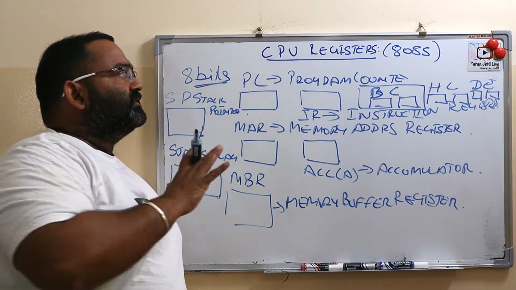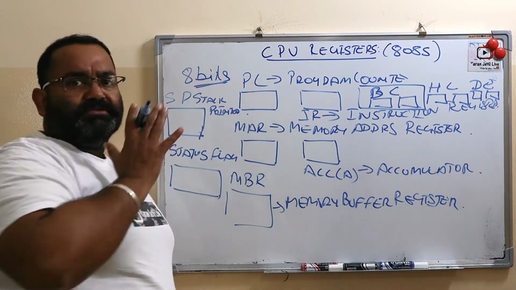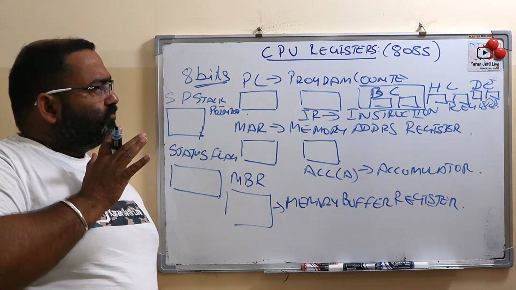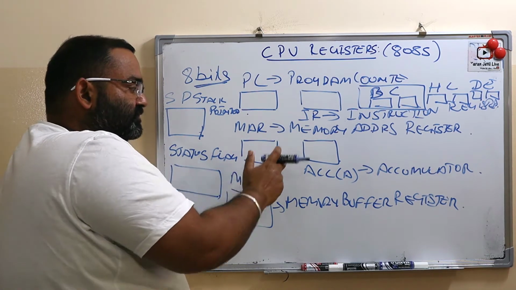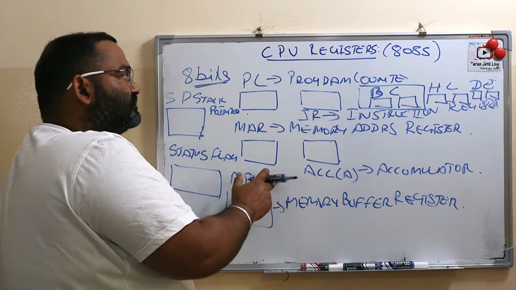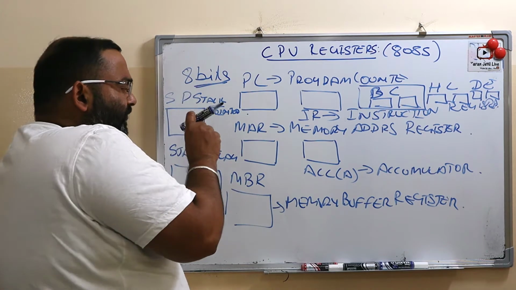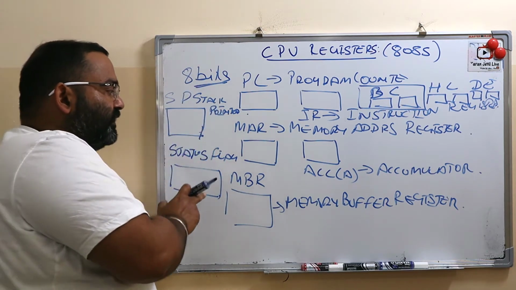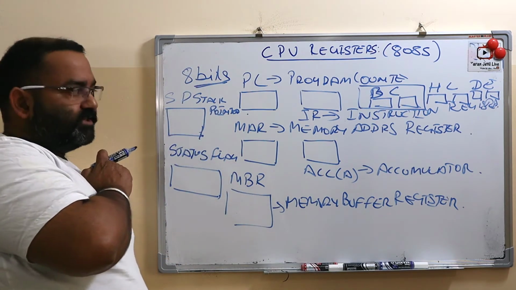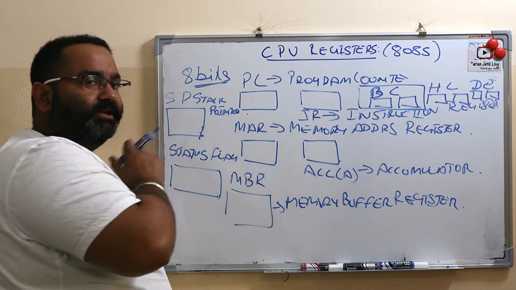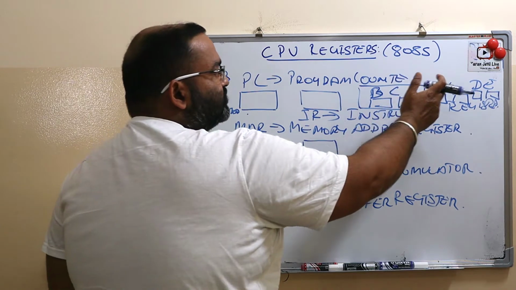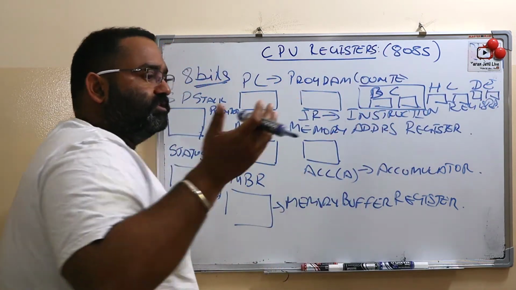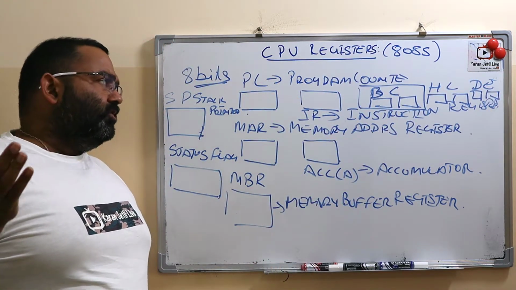So these are the CPU registers. We have a program counter, memory address register, memory buffer register, stack pointer, and status flag. We have an accumulator, an instruction register, and some general purpose registers which can store temporary data or variables.